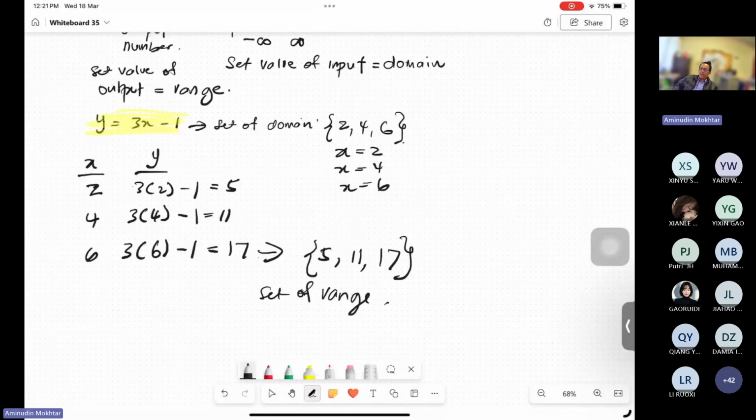Again, domain is related to x, whereas range is related to y. Domain for x, range for y. You need to remember this relationship.